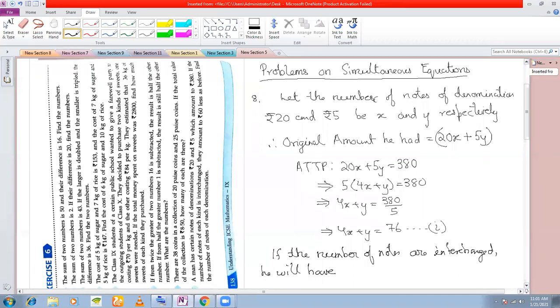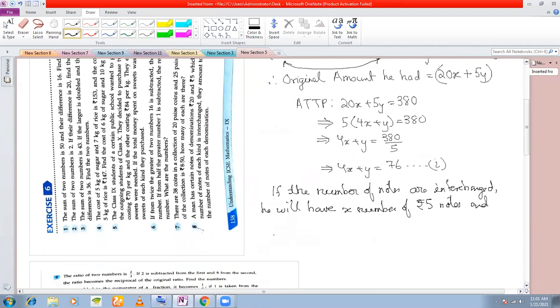Wait, first you had x number of 20 rupee notes. That means now he will have x number of 5 rupee notes, and y number of 20 rupee notes.